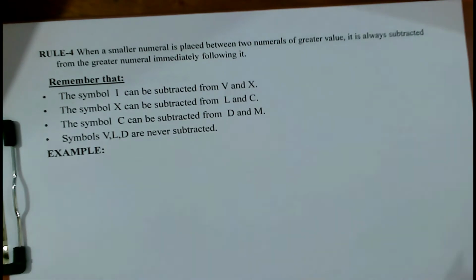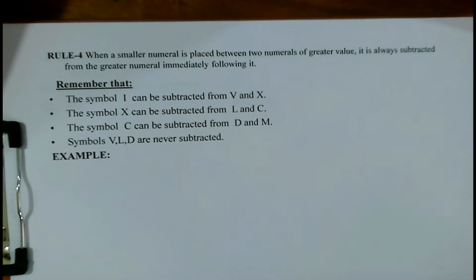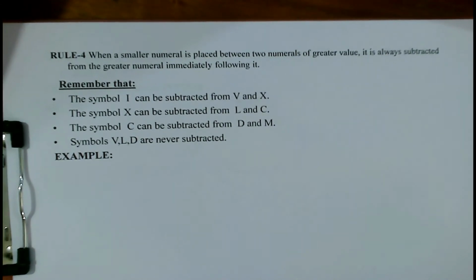Rule number 4 says that when a smaller numeral is placed between two numerals of greater value, it is always subtracted from the greater numeral immediately following it.